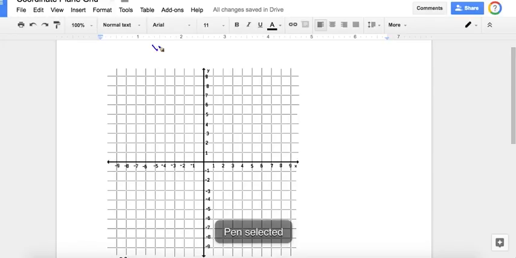So here we are asked to graph y equals 1/3 x minus 2.